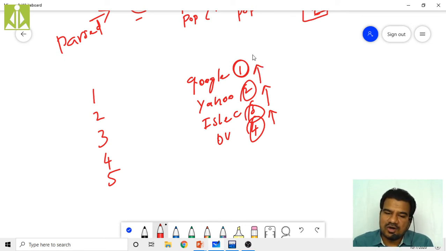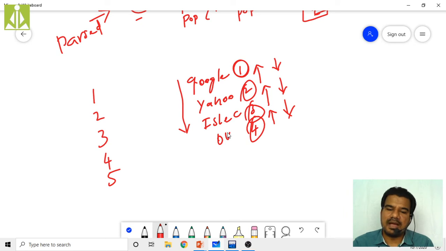In this way, the history of your internet pages will be pushed onto the stack, and whenever you are pressing the backward and forward buttons, you will move backward and forward like this. All those will be pushed onto the stack, and you will reach the last visited page when you click the back button.